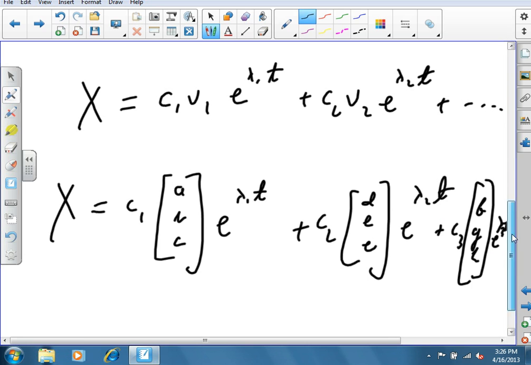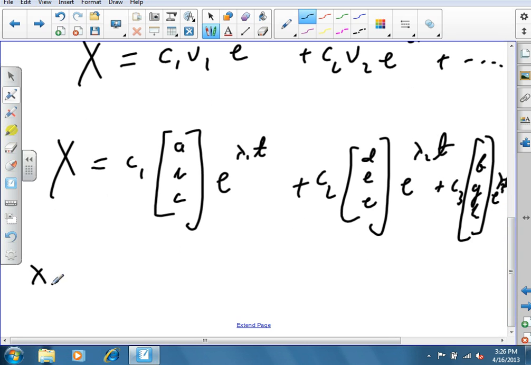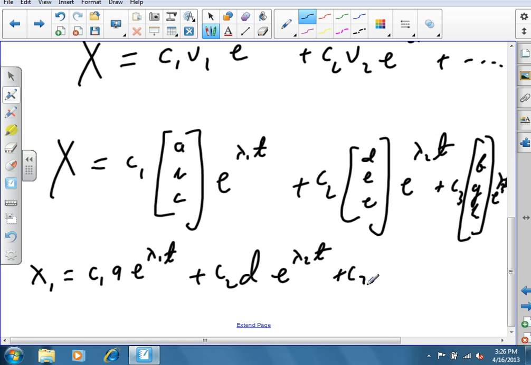And then I could go back and say, well, x1 is going to be c1 a e to the lambda 1 t plus c2 d e to the lambda 2 t plus c3 g e to the lambda 3 t. And then I'd still have a value for x2, and I still have a value for x3. And then I'd have to go and take those values and put them back in my original equation and see if I had an answer.